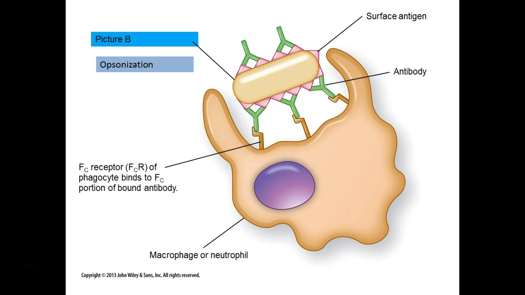So I didn't put this on the slide. I wanted to, and I didn't come back to it. Complement, right? That series of proteins. There's one of those protein fragments that's a really good opsonin that will help tag it for destruction by these phagocytic cells. What complement fraction is that? C3b.